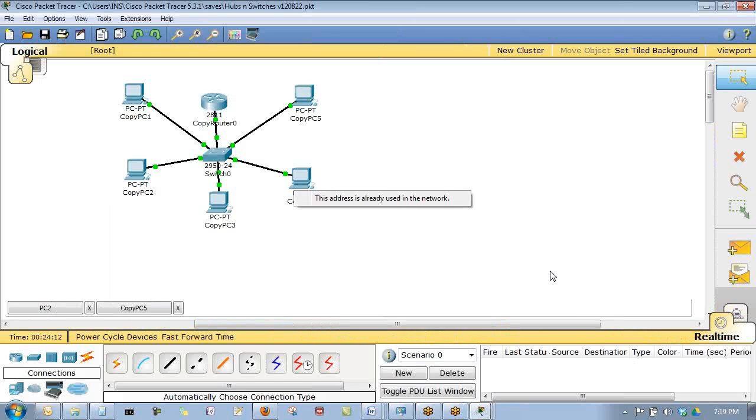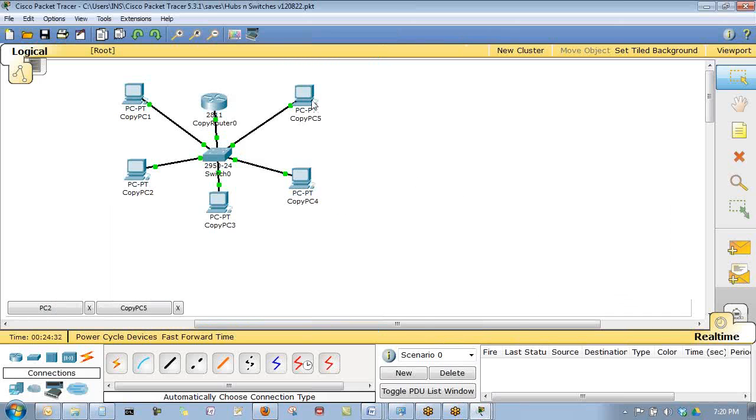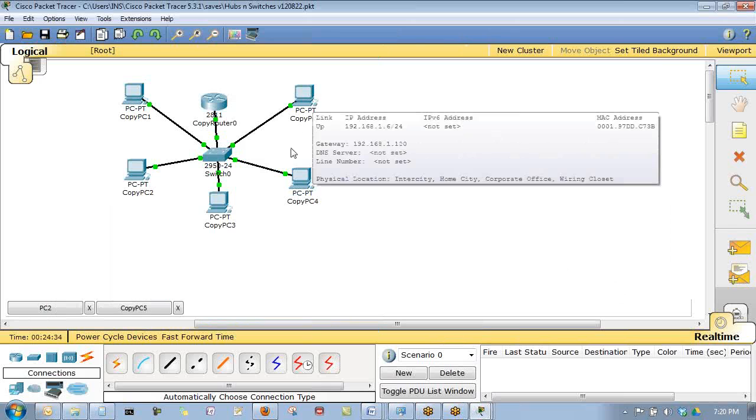Okay, let's turn off the simulation. Try one more time, otherwise I'll name it 1.6. This address is already in use in the network. Okay, fine. So we'll do 192.168.1.6. That should keep it happy. All right, so that's 1.6.